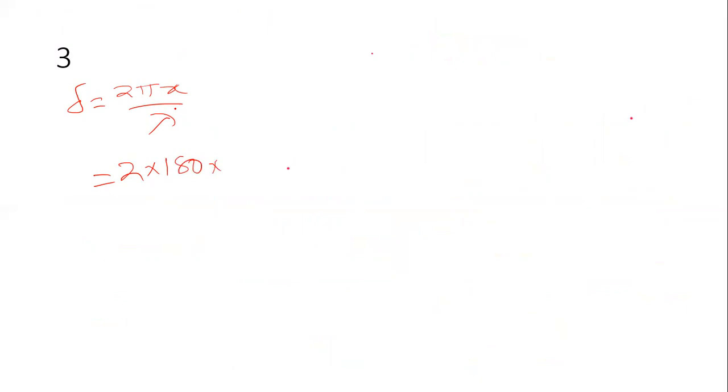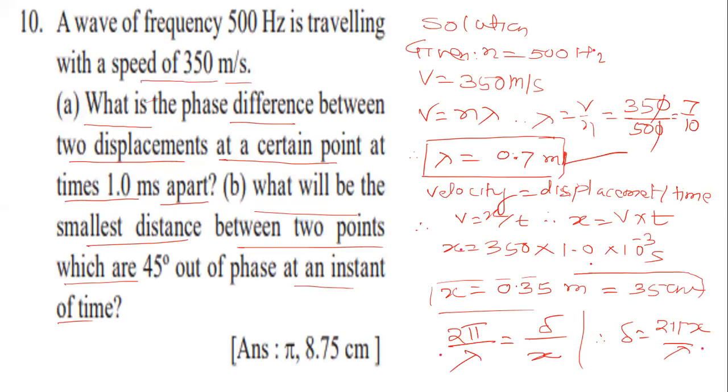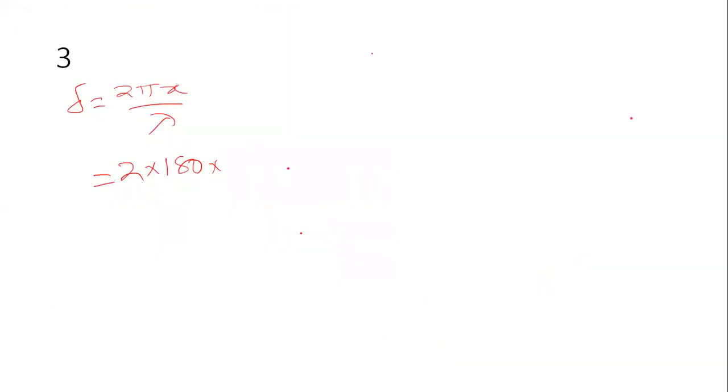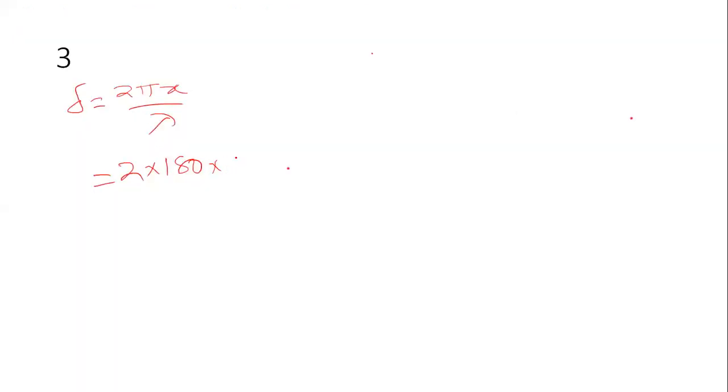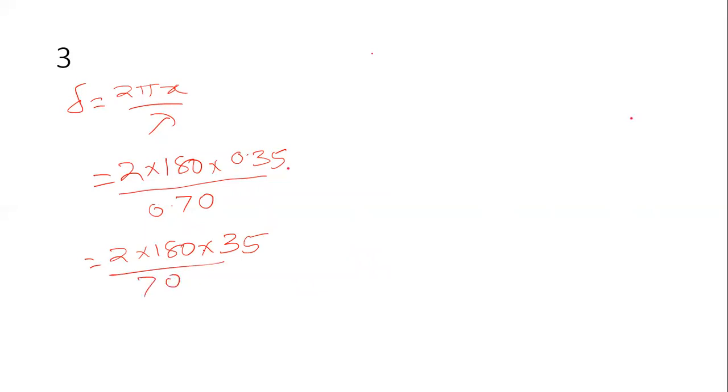This x, we have seen, is the separation between these two displacements. X is equal to 35 centimeter, or we can write it as 0.35 meter, divided by the wavelength, which is 0.7 or 70 centimeter. We can write this relation as 2 into 180 into 35 divided by 70.